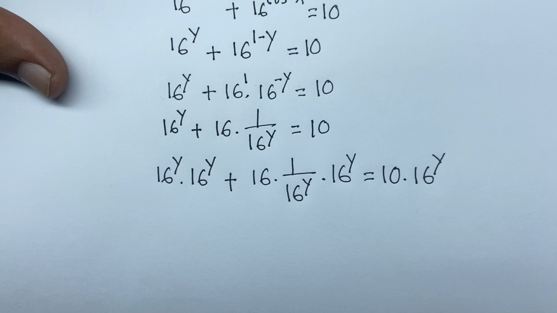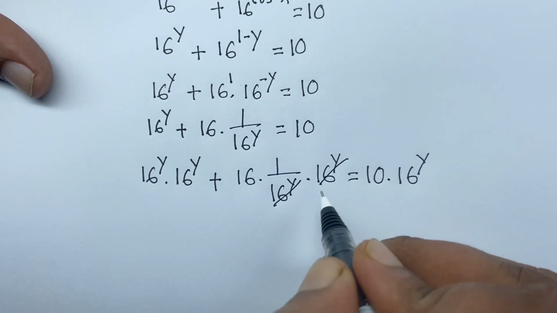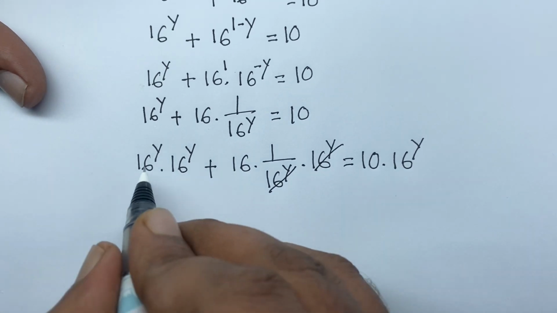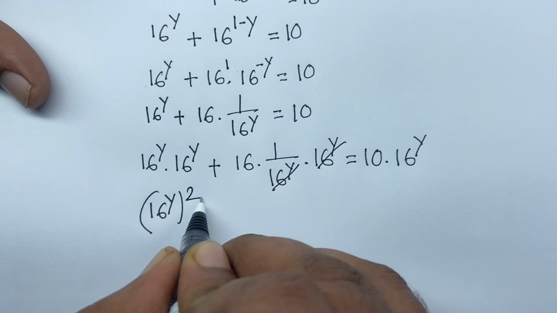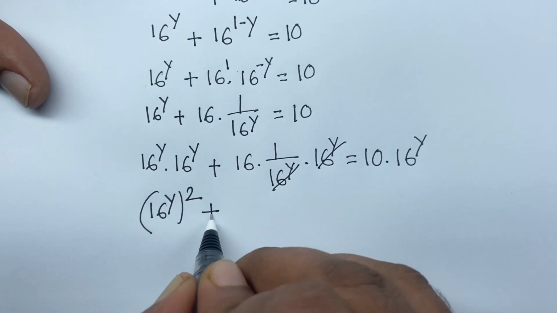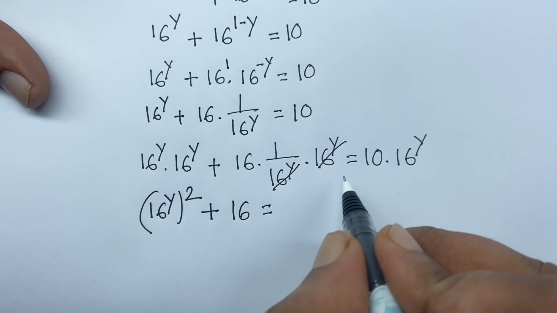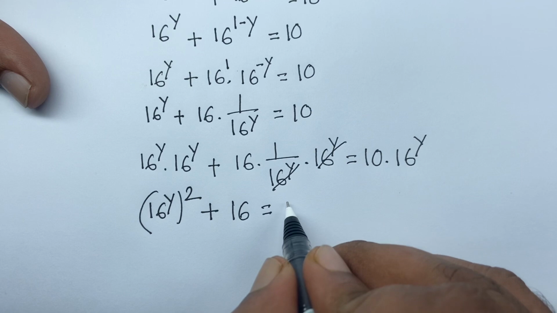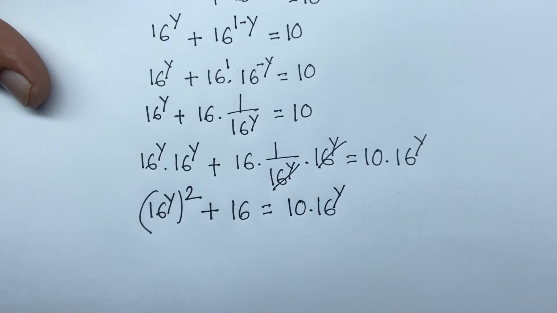I multiply both sides by 16^y. Then this cancels. At this moment I can see easily it will be (16^y) whole square, plus 16, is equal to 10 times 16^y.